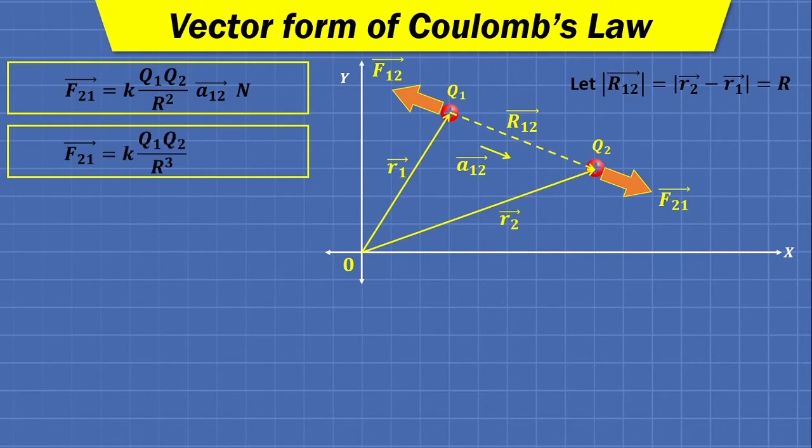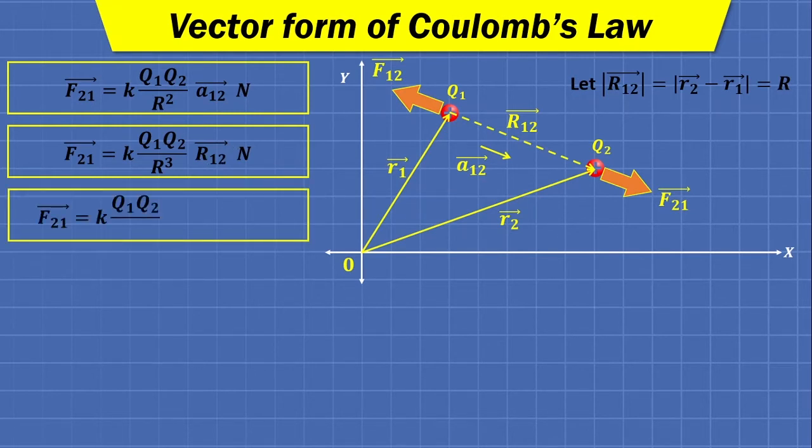Now if we put the value of a12 bar as r12 bar divided by modulus of r12 bar, then this equation will become F21 bar equals k q1 q2 divided by r cubed into the distance vector from charge q1 to q2, which is nothing but r12 bar. And finally, in the simplest form, we can write the equation as k q1 q2 upon r cubed into r2 bar minus r1 bar Newton.